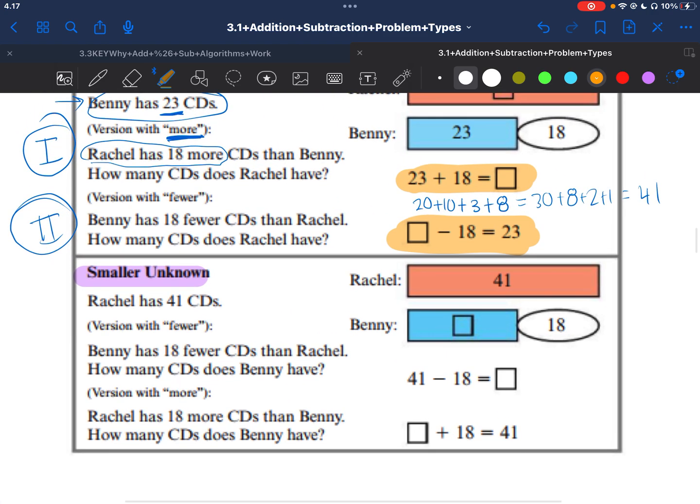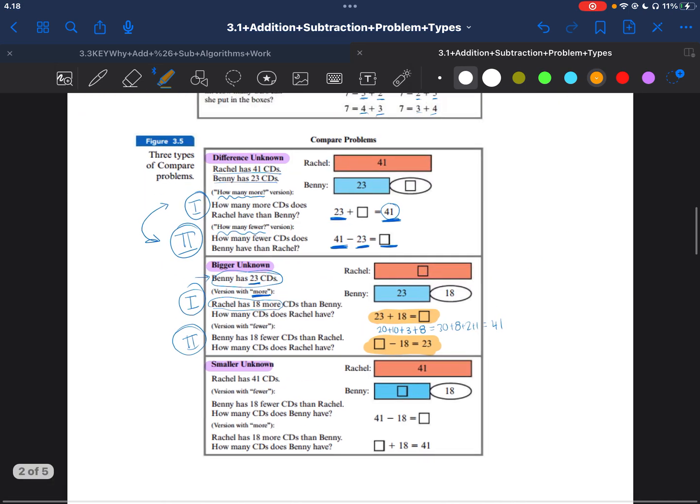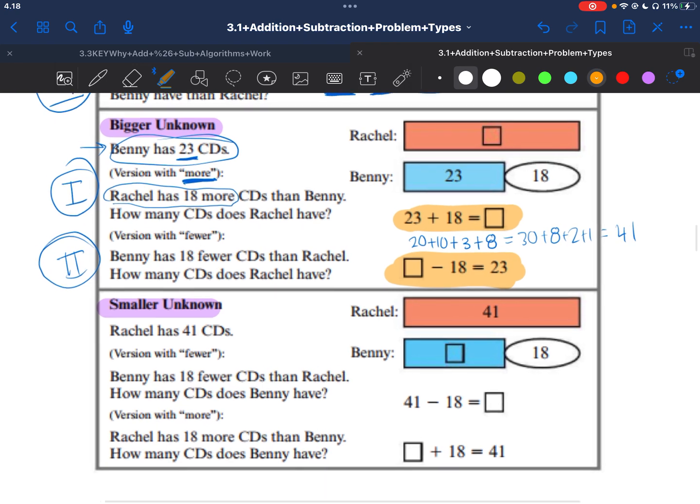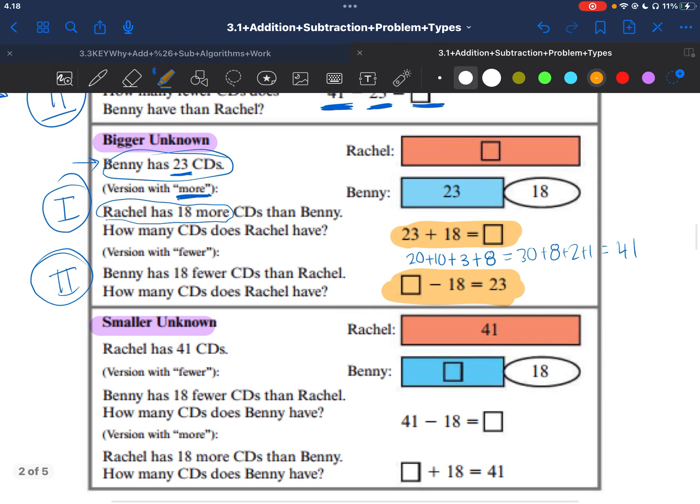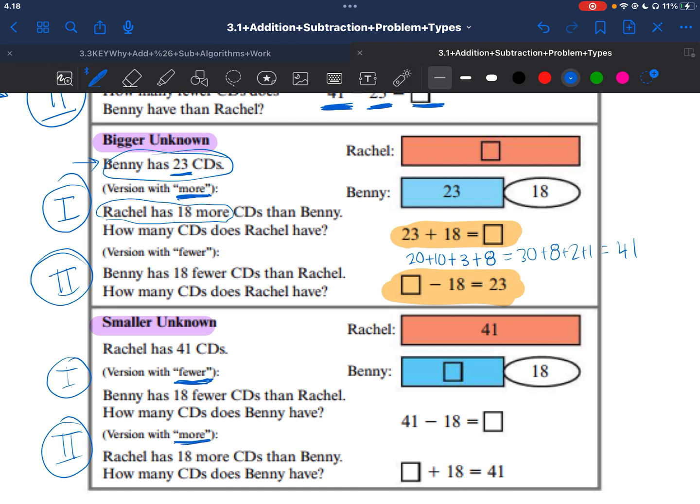Okay. All right. So last but not least, it's the compare problems for smaller unknown. I guess y'all can already guess it. Rachel has 41 CDs. That's one of our clues, or what's given. And then there are two versions of these where you use the word fewer or you can use the word more. So you can phrase it this way: Benny has 18 fewer CDs than Rachel.